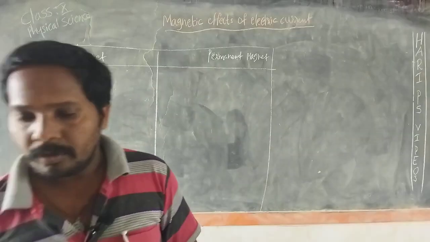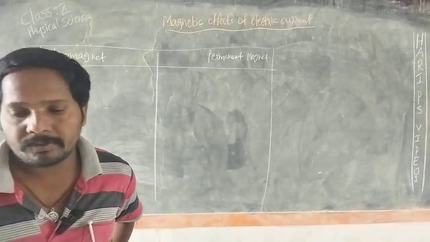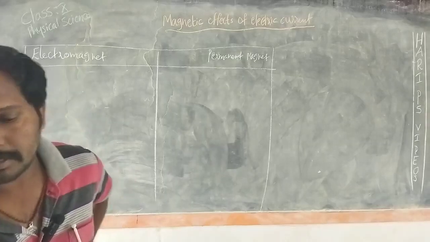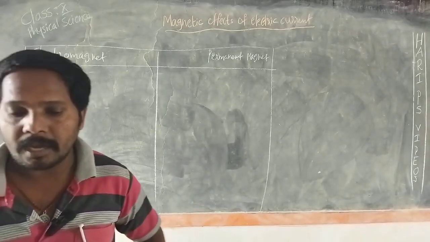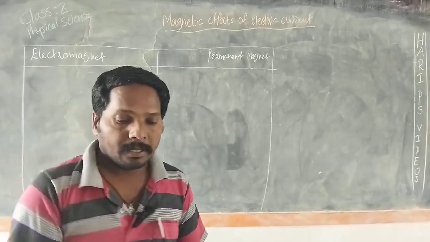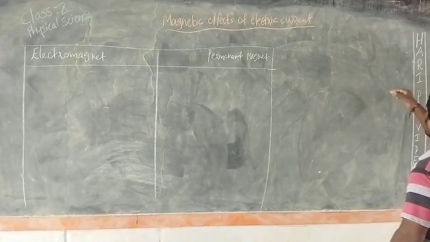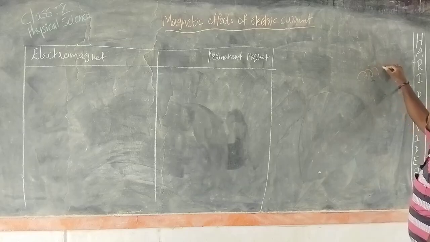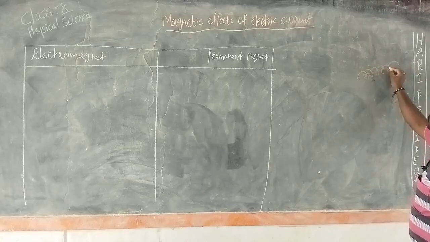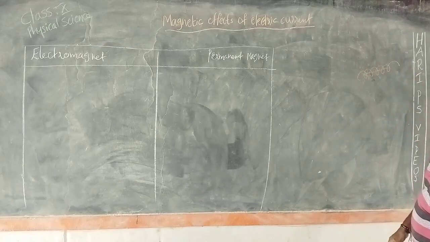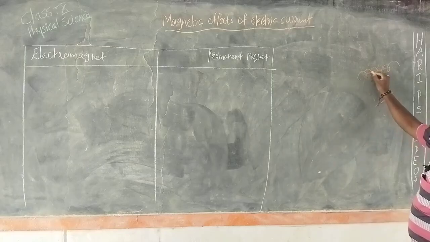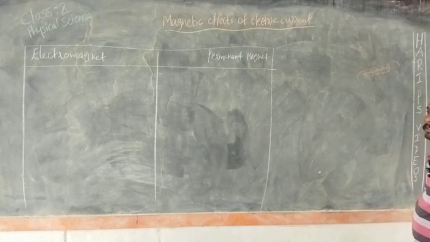So an electromagnet becomes a combination of solenoid and soft iron. In the solenoid, soft iron is placed. With this combination of solenoid and soft iron, we can make magnets.